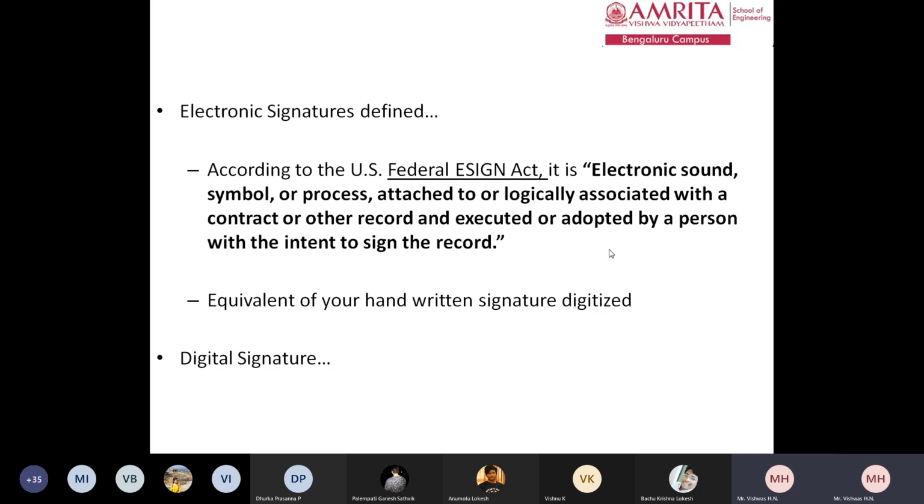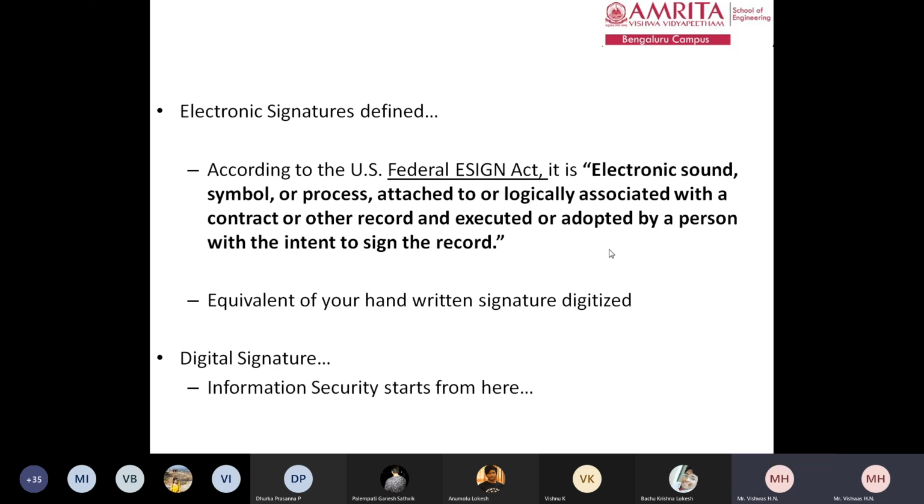It is according to the US Federal E-Sign Act. Don't worry about the definition. You can write in your own words if you get a question like what are electronic signatures. It is equivalent to your handwritten signature, but not a hard copy on paper. You do it on a screen or on a document with the help of a stylus, a mouse, or any other external device.